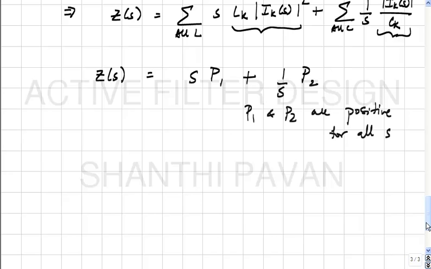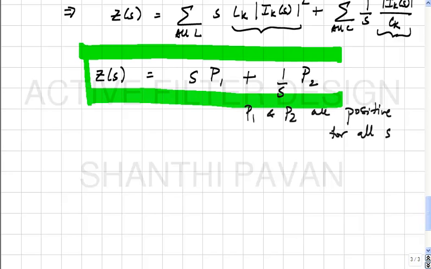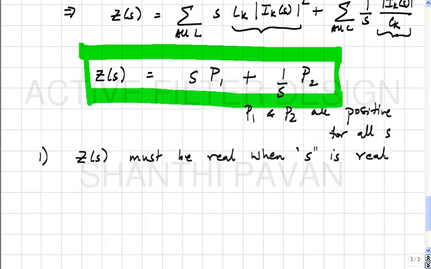Okay. Now, let us stare at this function and make a couple of observations. The first observation is that Z of S must be real when S is real, correct?